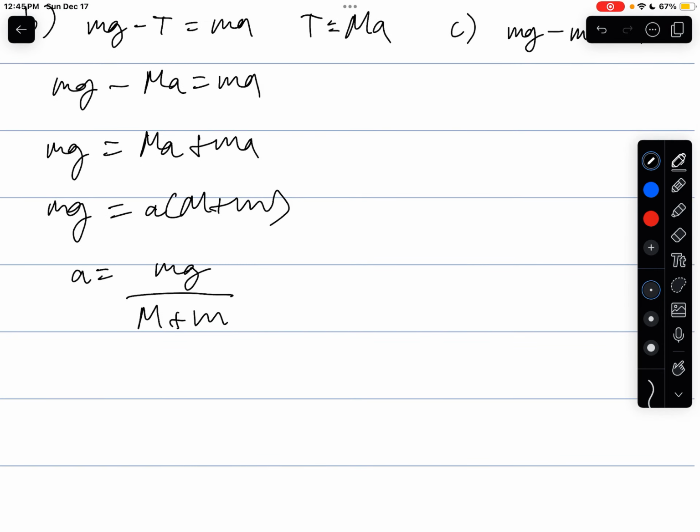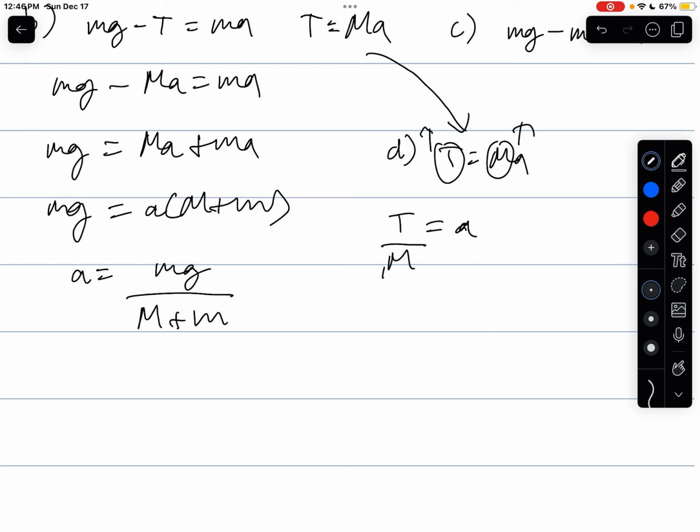And then part D, so for part D, I'm going to use this equation to prove it. So when you increase the mass, the tension will increase as well because it's directly proportional. But let's say when you divide the m to both sides to get acceleration, increasing the mass will decrease the value at the top.